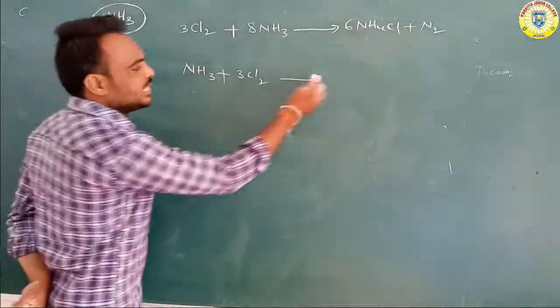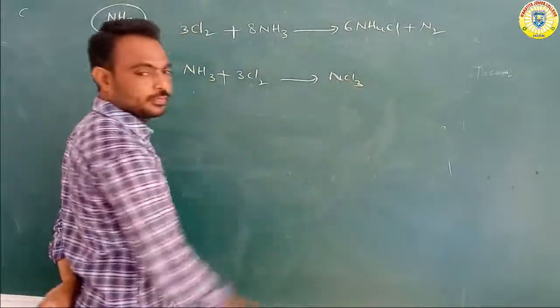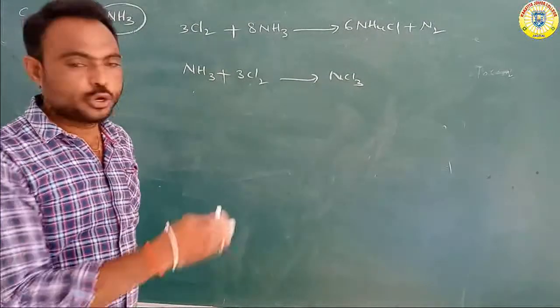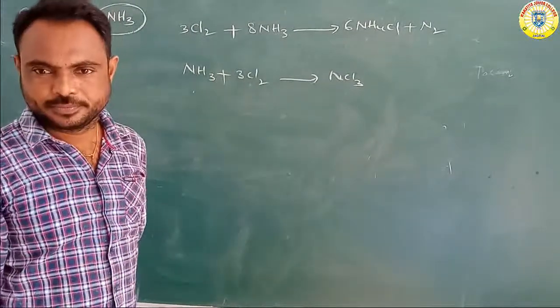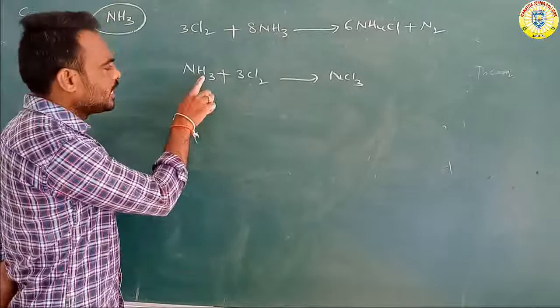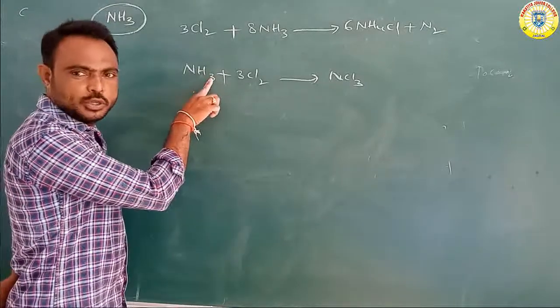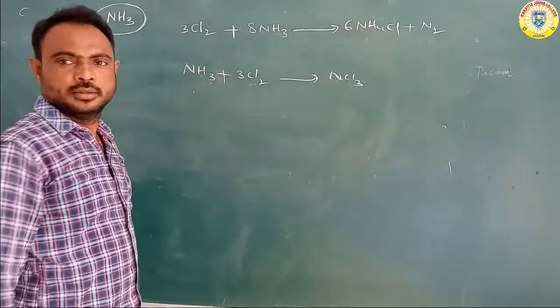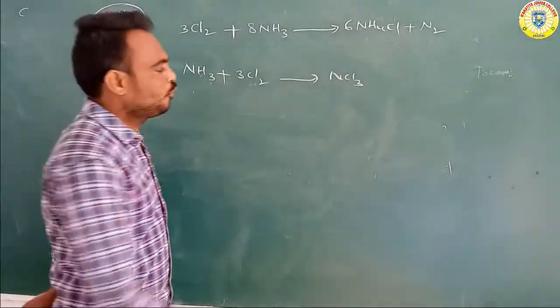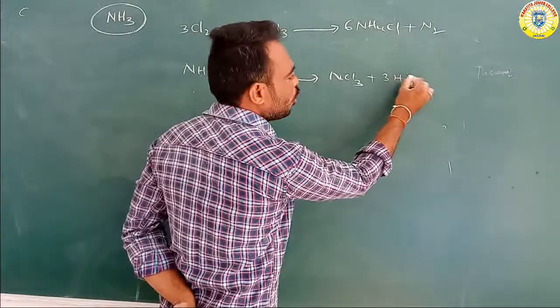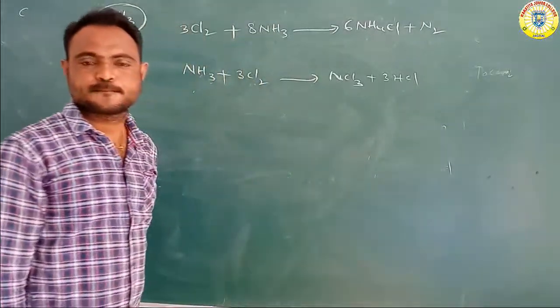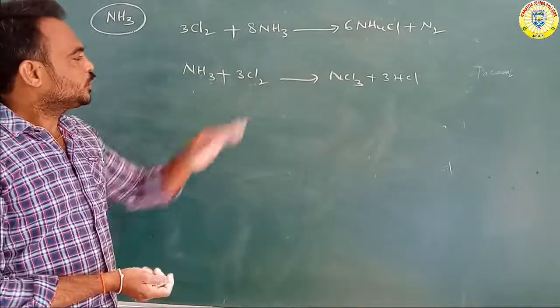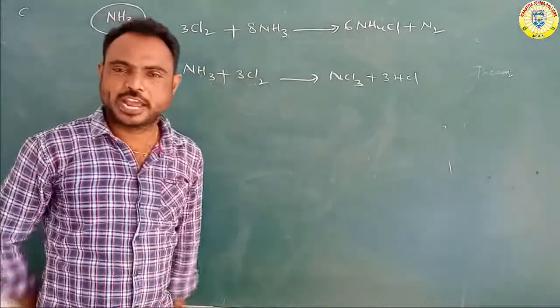So NCl3, nitrogen trichloride. Next further, 3 hydrogens and the remaining 3 chlorines form hydrochloric acid. So these two reactions are very important reactions.